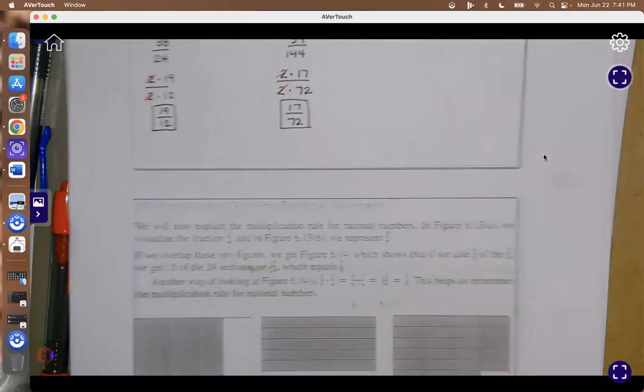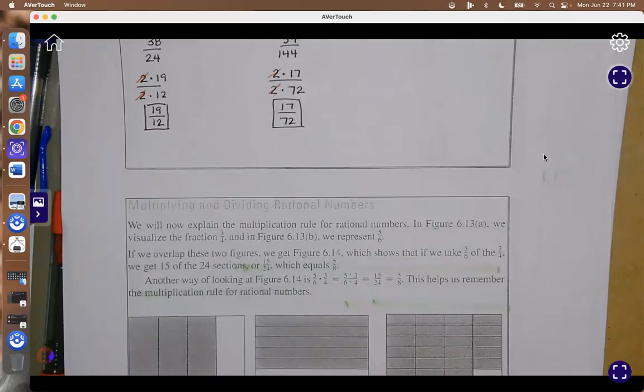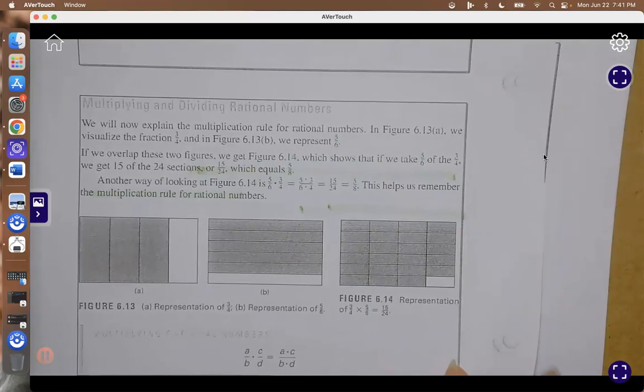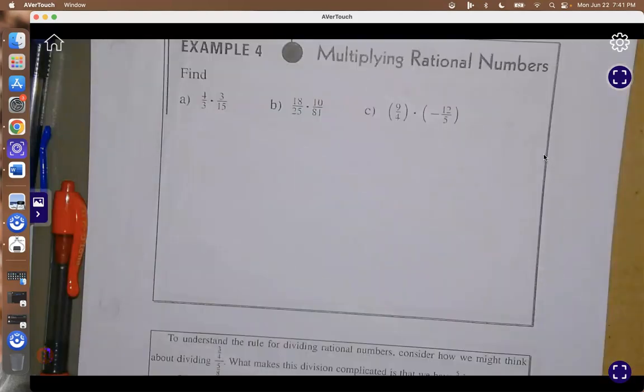Now, multiplying and dividing rational numbers, you do not need to get a common denominator. You can multiply straight across, or you can cross cancel. Okay, that will help you for multiplying.